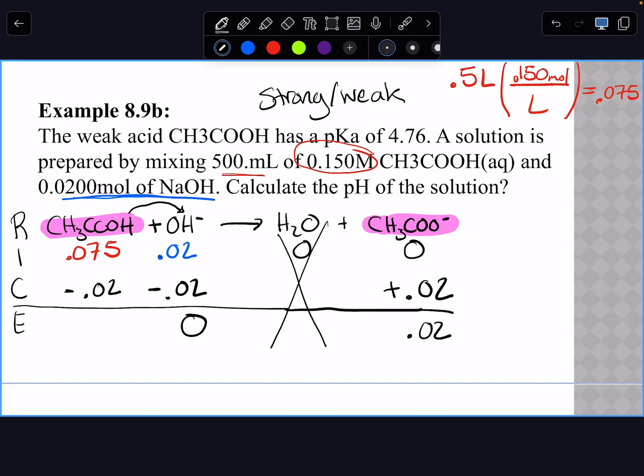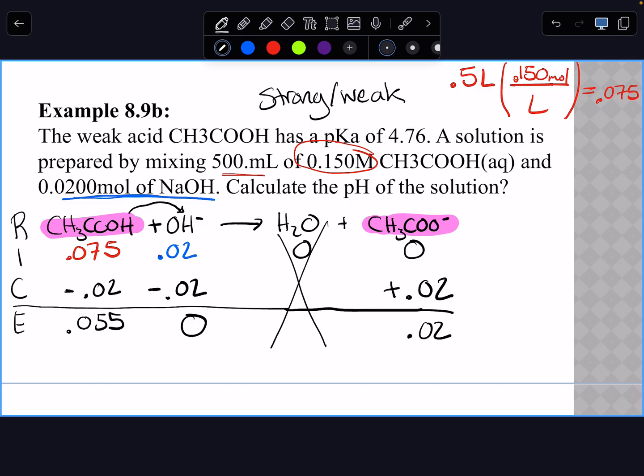The strong substance is the one that always goes away completely, because that's not what makes the buffer. It's the weak one that does. And then I'd have left over HA, 0.055. Everyone okay there?